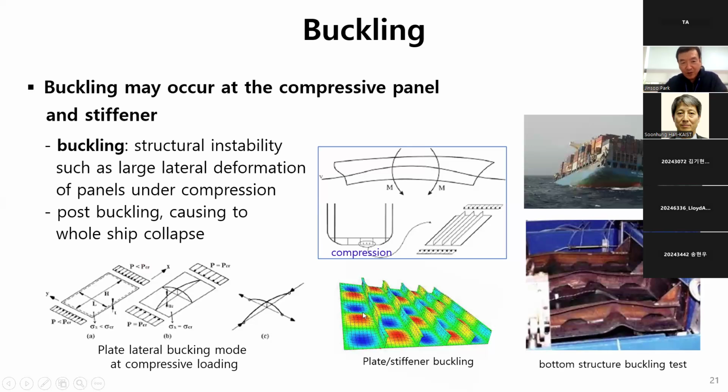In order to evaluate the buckling strengths, we usually use structural simulation like this. Sometimes we carry out a full-scale buckling test. Buckling is very important, because if a panel, a small part of the structure, buckles, then it can grow into final collapse of the whole structure, as we see from this photo.